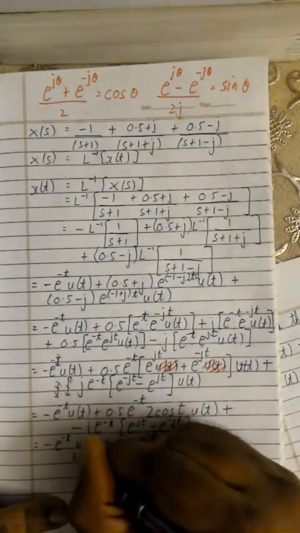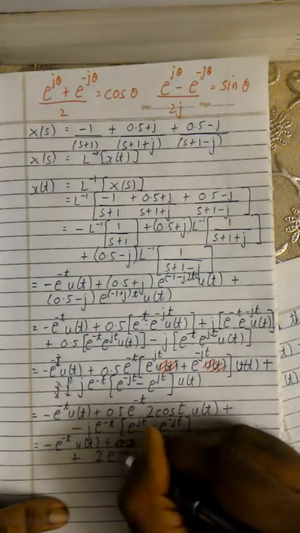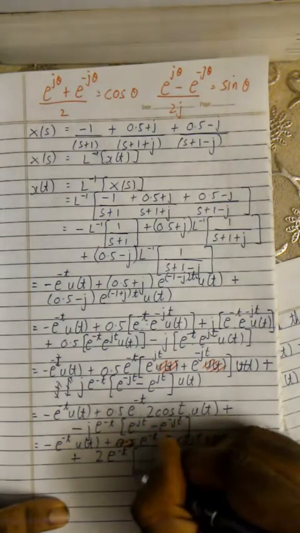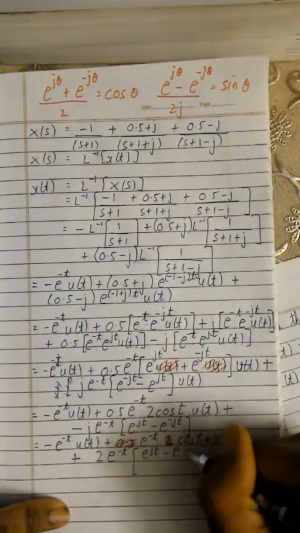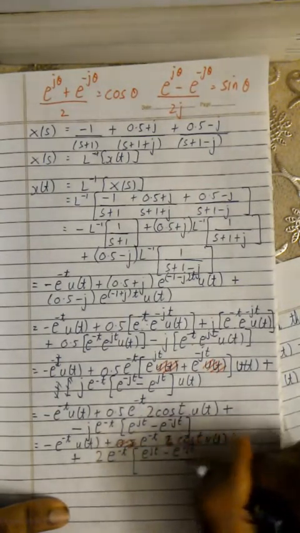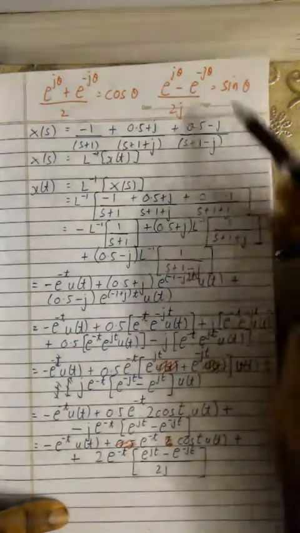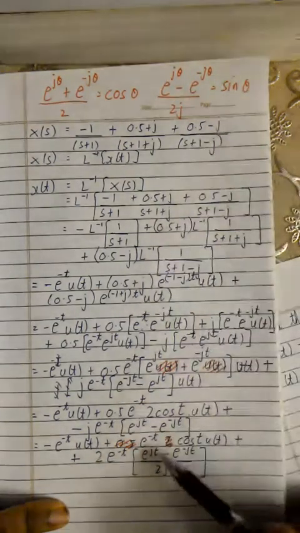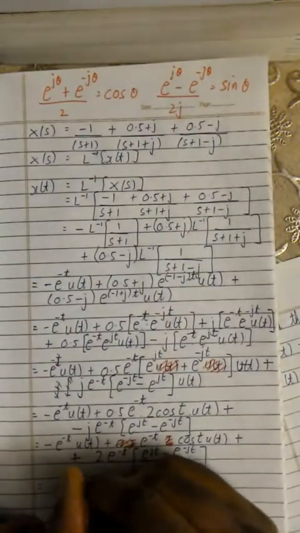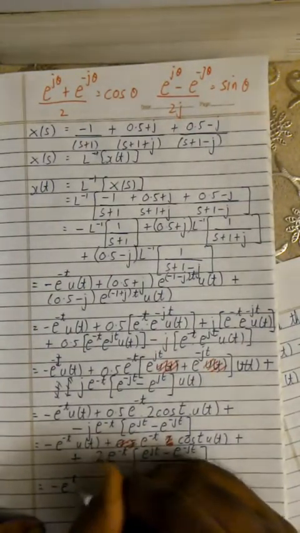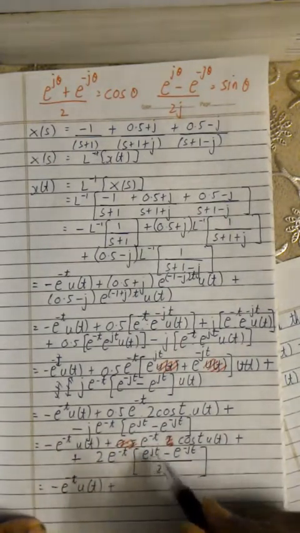So this will become plus 2 into e^(-t) by (e^(jt) minus e^(-jt)) by 2j. This is nothing but sin t, right?